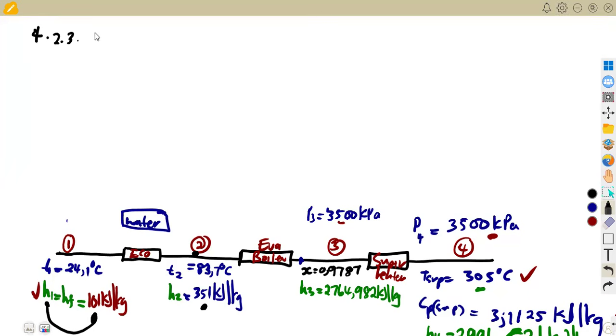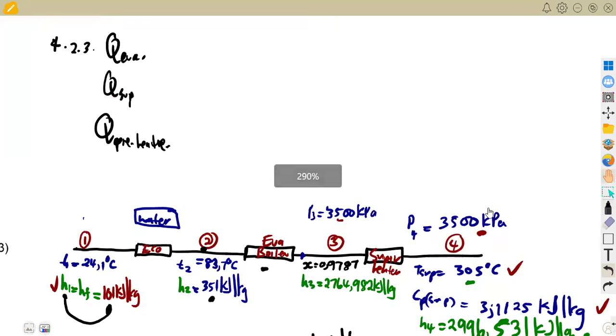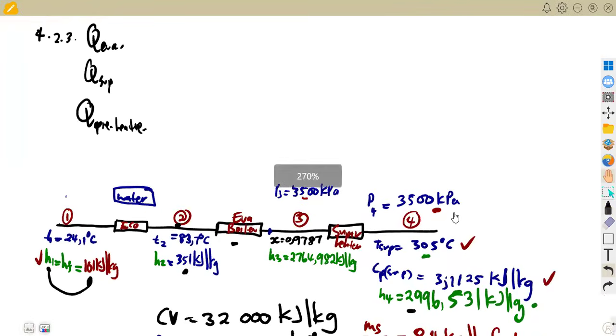We are supposed to find the energy absorbed in the evaporator, that's the boiler there, the energy absorbed in the superheater, and also for our air preheater. These are the three. All right. Let's talk about the evaporator. Remember, I had this and I talked about the one for the economizer.